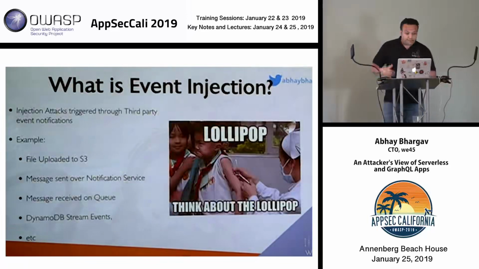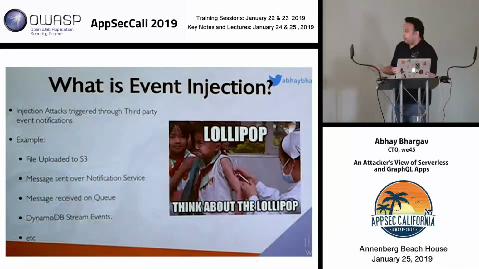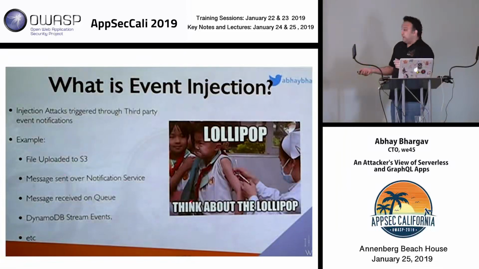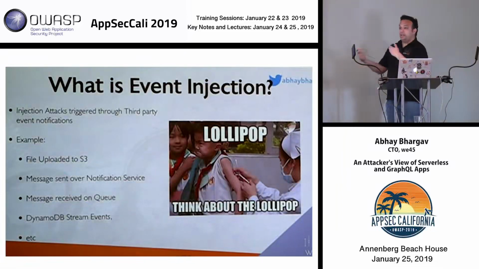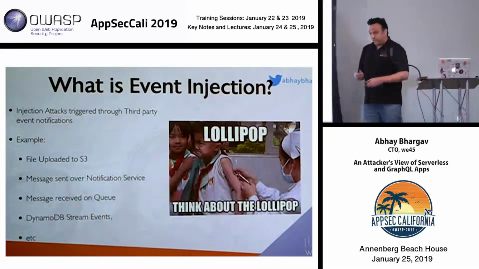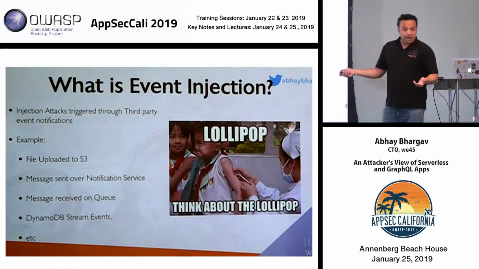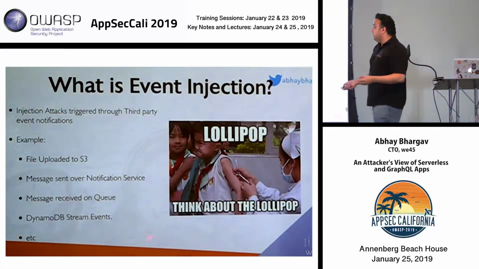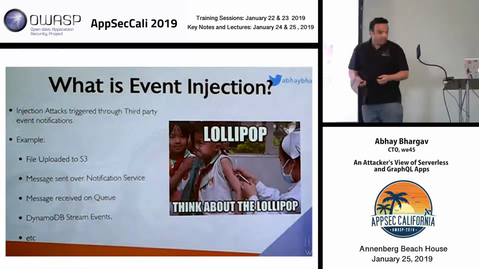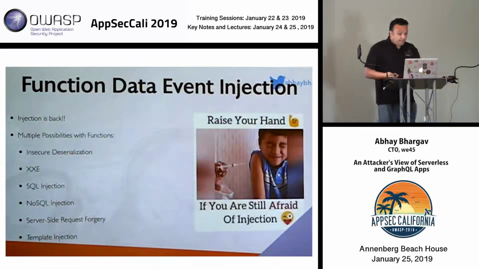So of course, you can have this over multiple things. You can trigger it over S3. You can trigger it over the notification service. Let's say a message is received via the queue, and that message has some kind of SQL injection payload, and that is accessed by your database. That would be a pretty big problem. So you can have multiple events that cause your injection attacks to happen, right?